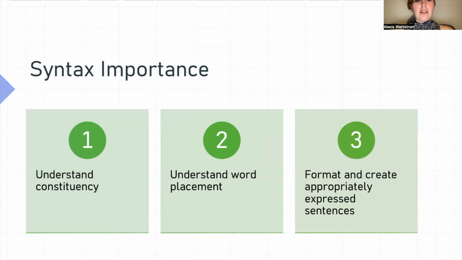The whole interpretation of a sentence could change because the syntax was not appropriate. Syntax is incredibly important when students are learning the appropriate ways for sentences to be written. They start to understand how the English language, or whatever language they are working in, is formatted and how these impositions can affect how they format their sentences.